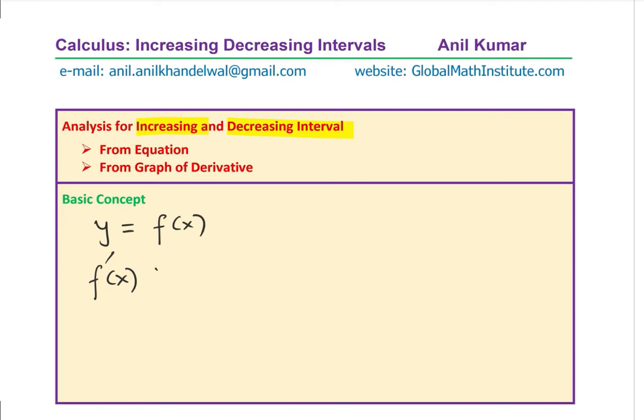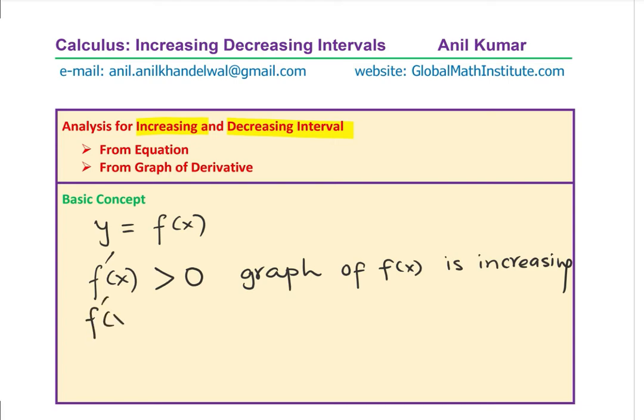If the derivative is greater than 0, then the graph of the function is increasing. If the derivative is less than 0, then the graph of the function f of x is decreasing.